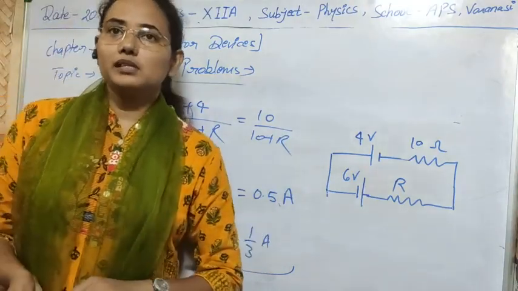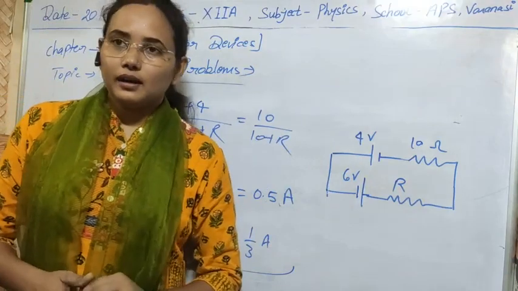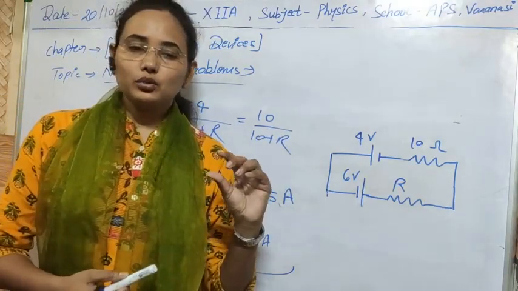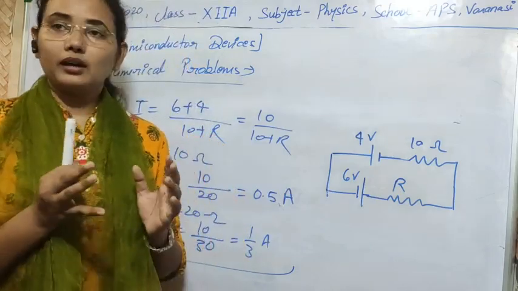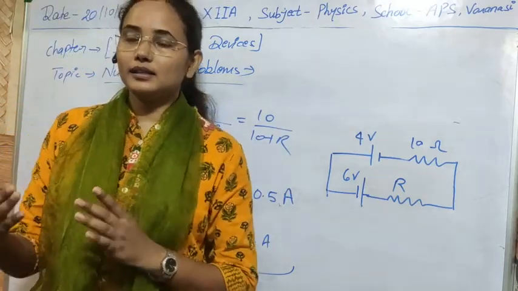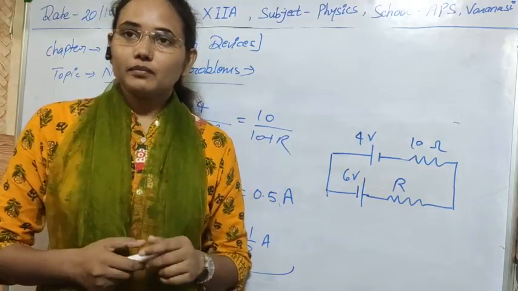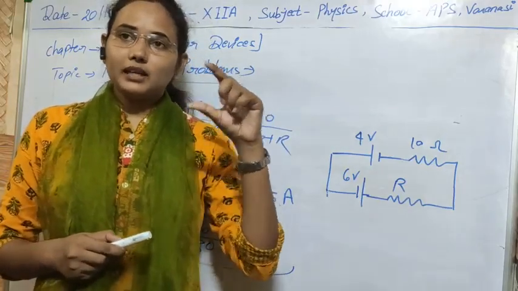If this problem is clear to you, then let's see some problems regarding the emission of radiation. As I told you with the example of LED and other things, in every atom there is a band gap.